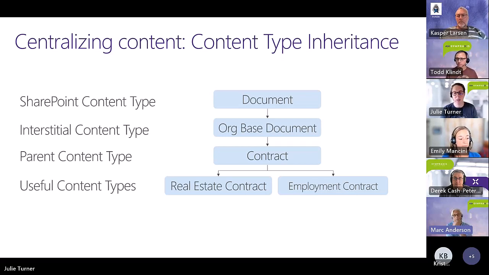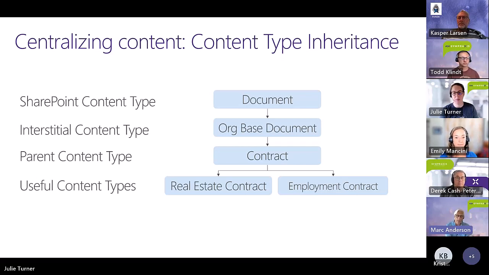You're building the hierarchy of content types that you might use for your content. You might inherit from document for a lot of your documents for your organization. Usually most of us will create this interstitial content type called the organizational based document, or client name based document. By creating that and inheriting from it for everything else that's custom, we can say things like, show us all of our custom stuff, all of the stuff that we've categorized, in a search experience.